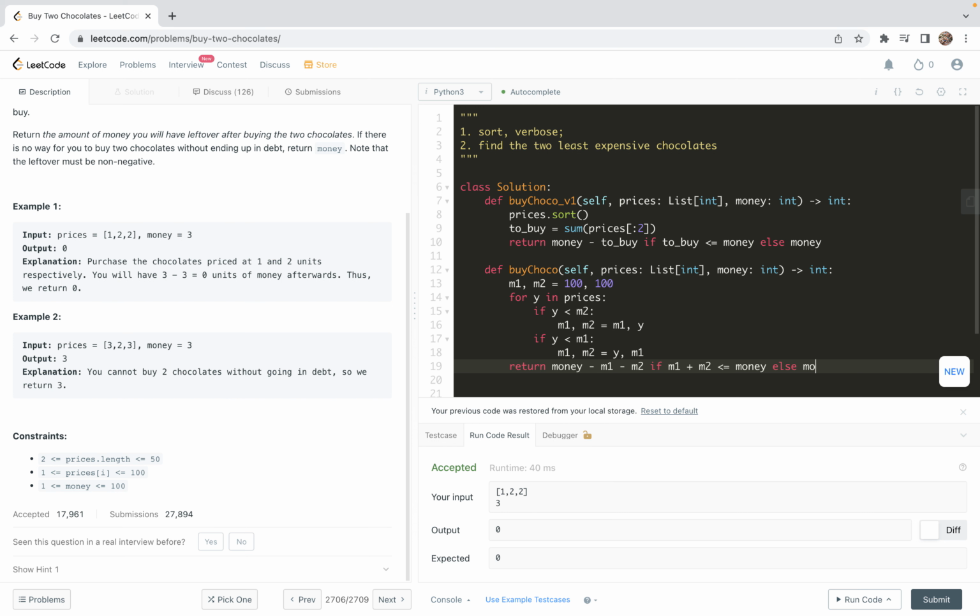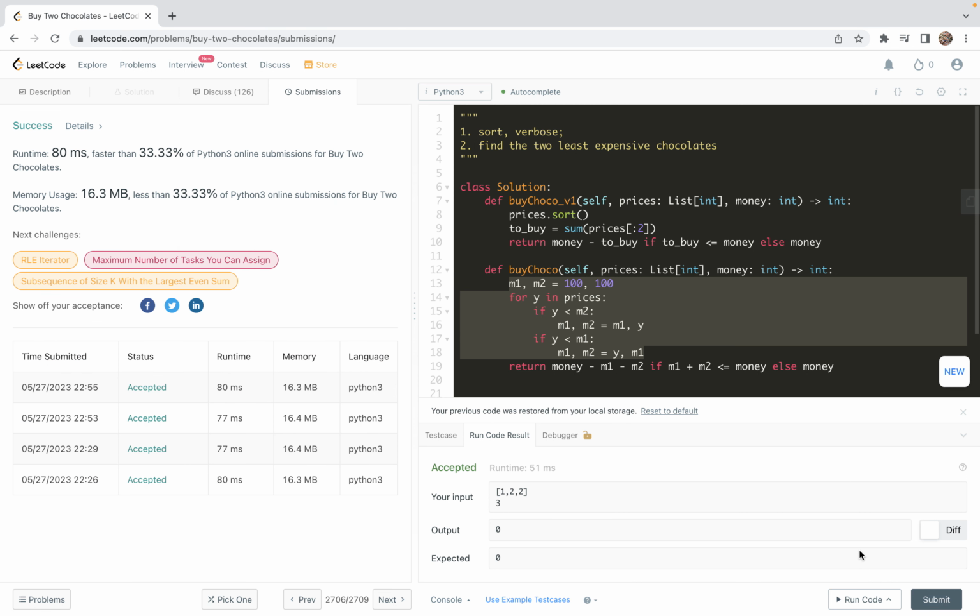Otherwise, we return the original amount of money. So this second method basically just needs a for loop or linear scan. It's an O(n) solution. Let's first do a check. Yeah, it passes one test case. Now let's look at the generic test case. Yeah, it passes all the cases. So that's about it for this specific problem.